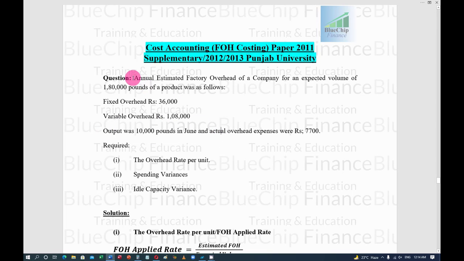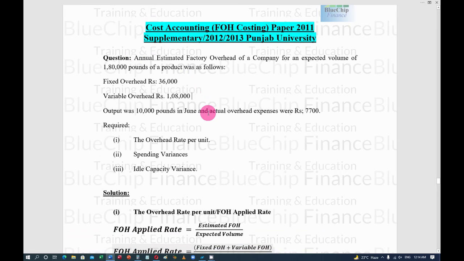But here you can observe one thing, that your budgeted capacity, budgeted fixed overhead and budgeted variable overhead are on an annual basis. So why are we going to calculate monthly? Because actual output is related to only 1 month, whereas our budgeted data is related to a yearly basis.